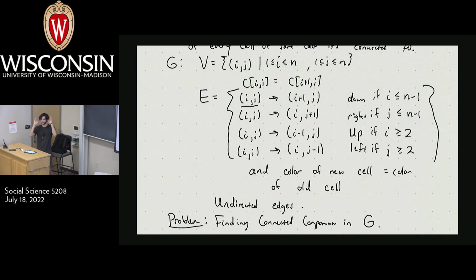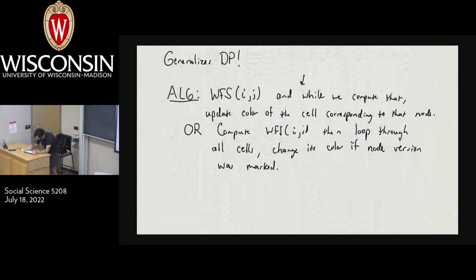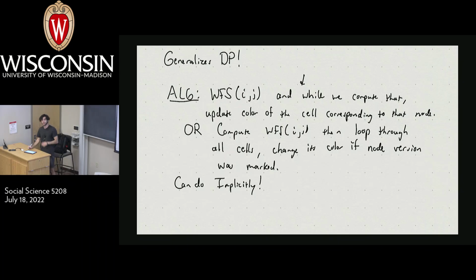This is just a mental representation. But you could also directly build it if you want to. It's fine either way, and you can do all this implicitly. You don't have to. Sometimes implicitly will be strictly faster. In this case, it won't really be faster, so it doesn't matter.